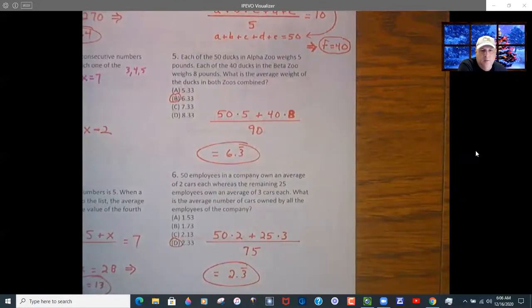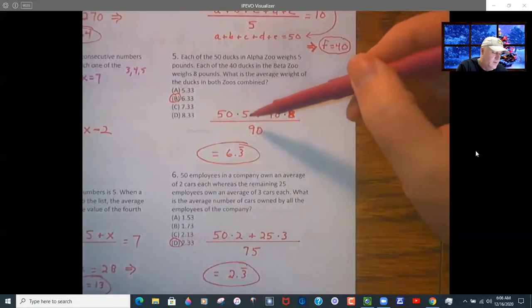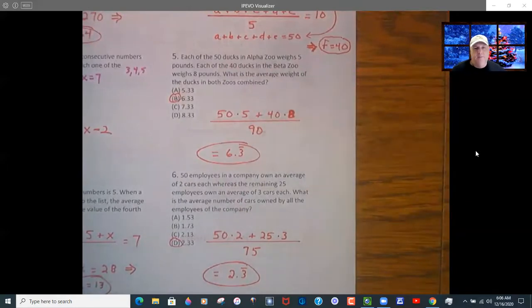And all of your weights should add to 1, but I guess that's not really the intention here. Strike that. But anyway, frequency times the weight plus frequency 2 times weight over the sum of the frequencies.